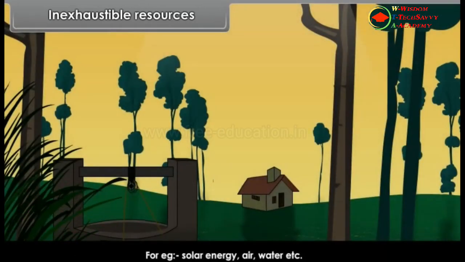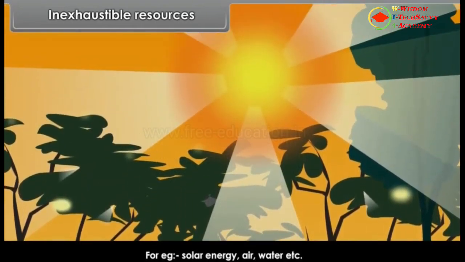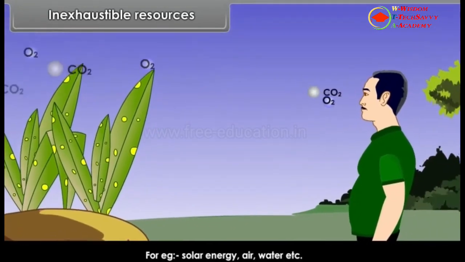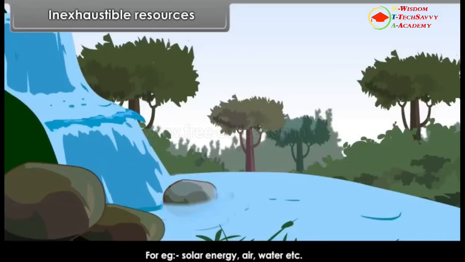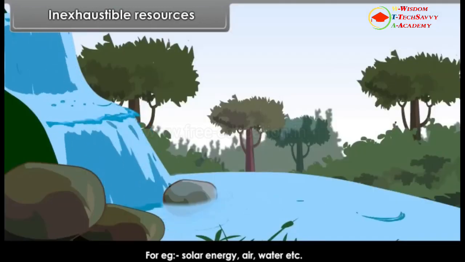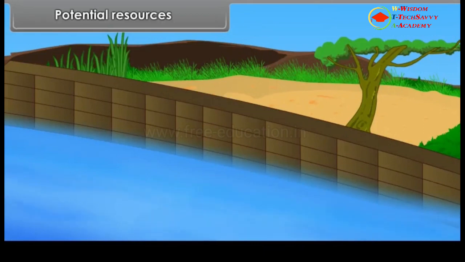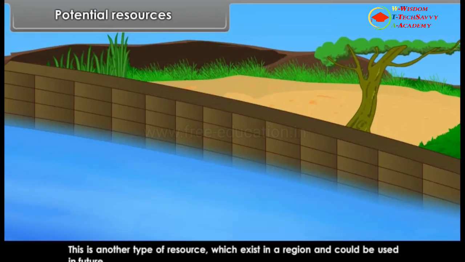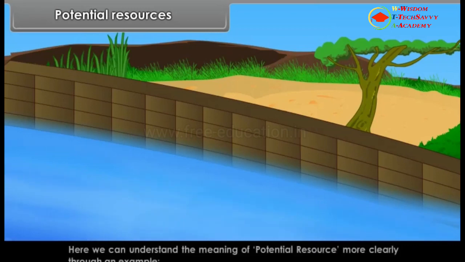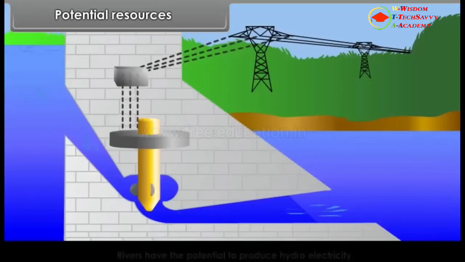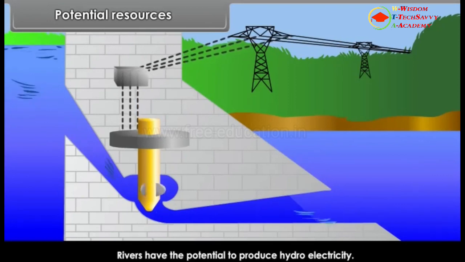For example, solar energy, air, water, etc. Potential resources. This is another type of resource which exists in a region and could be used in future. Here, we can understand the meaning of potential resource more clearly through an example. Rivers have the potential to produce hydroelectricity.